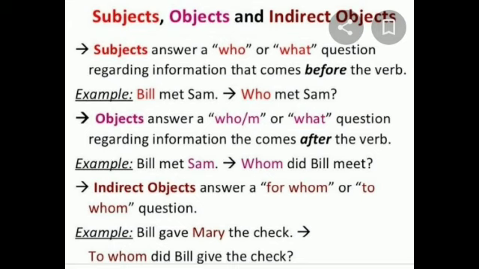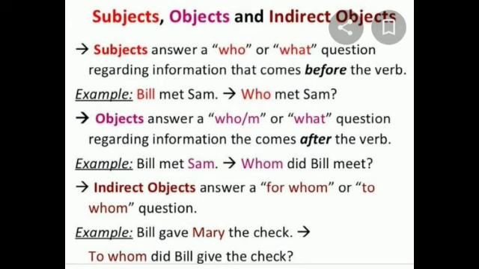Object is the bearer of the action, the thing or the person who is acted upon, or whom or what question regarding information that comes after the verb. It is called the object. Bill made Sam. So what is the object? Whom did Bill make? So Bill made Sam.